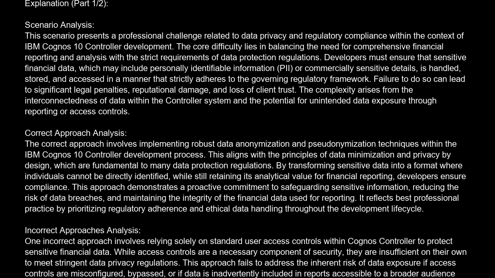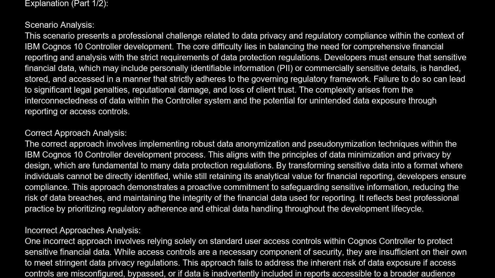Developers must ensure that sensitive financial data, which may include personally identifiable information, PII, or commercially sensitive details, is handled, stored, and accessed in a manner that strictly adheres to the governing regulatory framework. Failure to do so can lead to significant legal penalties, reputational damage, and loss of client trust. The complexity arises from the interconnectedness of data within the Controller system and the potential for unintended data exposure through reporting or access controls.